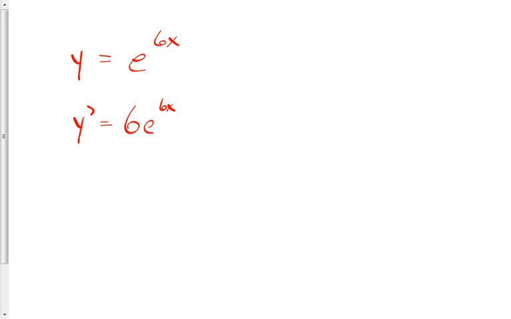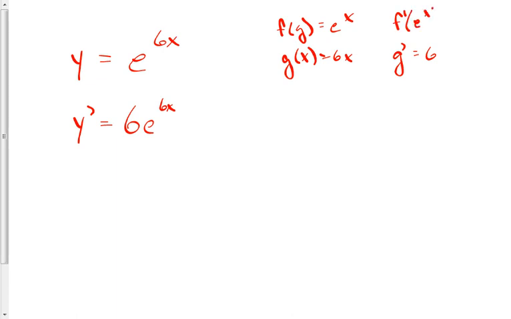Do you see where the 6 comes from? 6 is the derivative of the inside function. So this would be f of g, e to the g. The inside g of x would be 6x. Well, g prime is 6. F prime is e to the g.